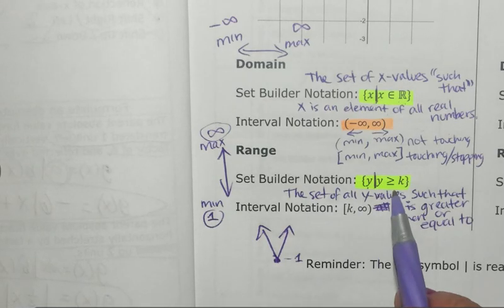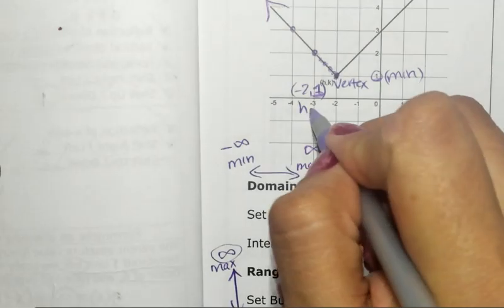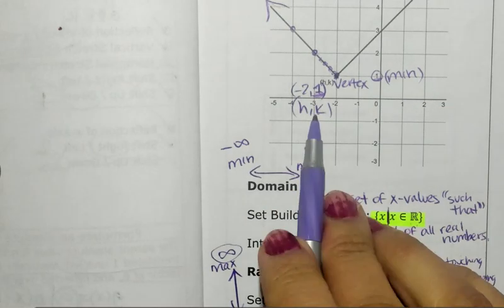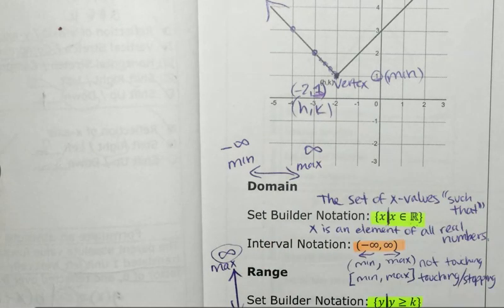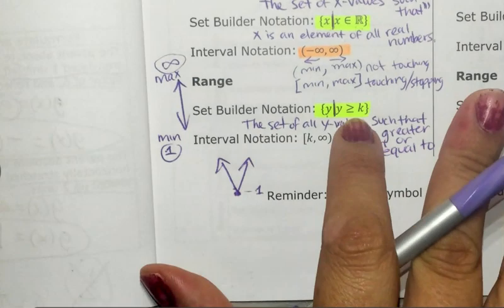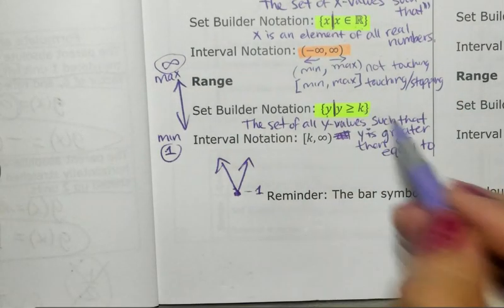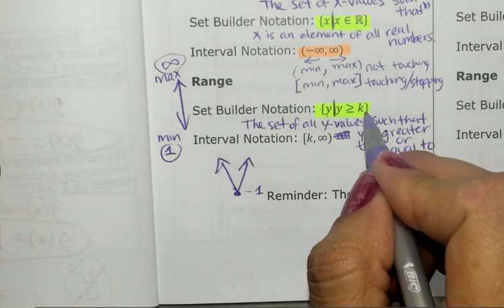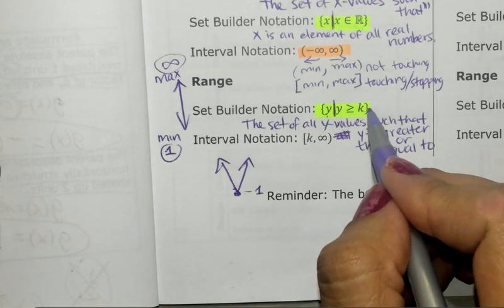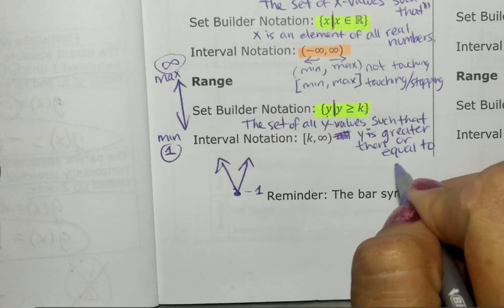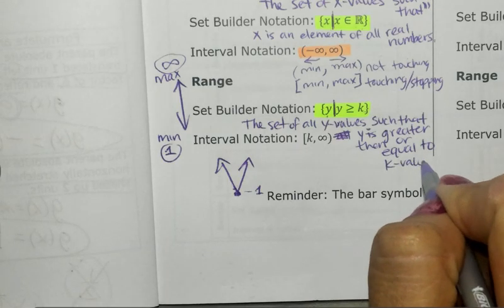So your k value, again, the h and k come from the vertex, and the k value is your minimum value, so that 1. So right here, just speaking in general terms, your k value goes there. But if we were to write it for that graph, it will look like y is greater than or equal to 1. So I'll just write k value for now.